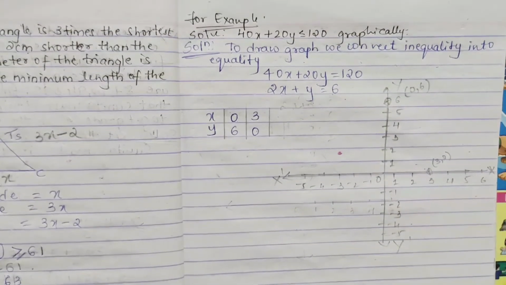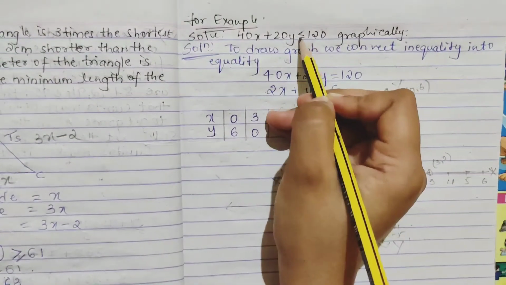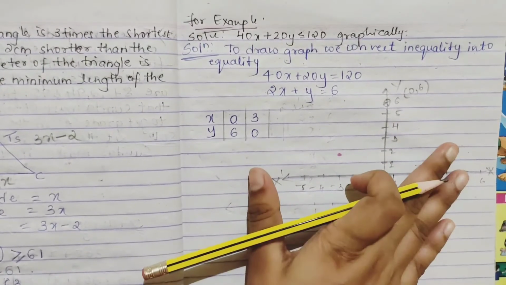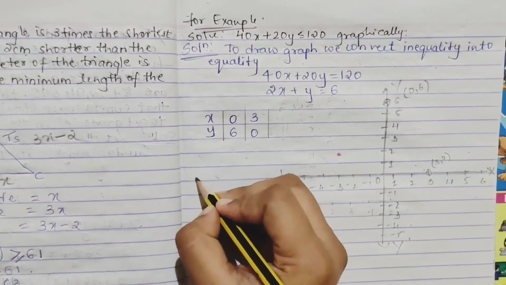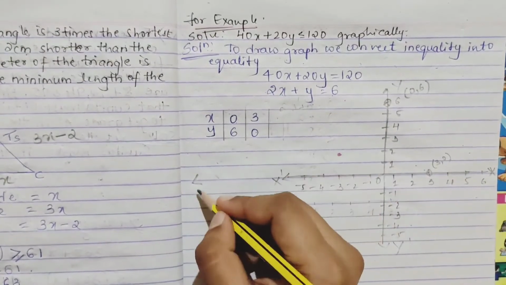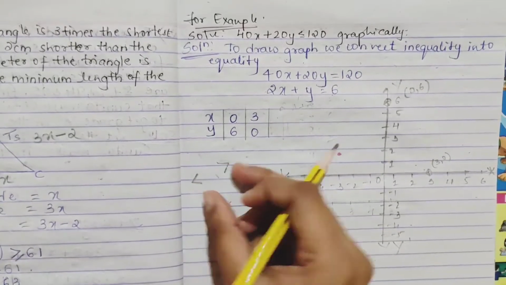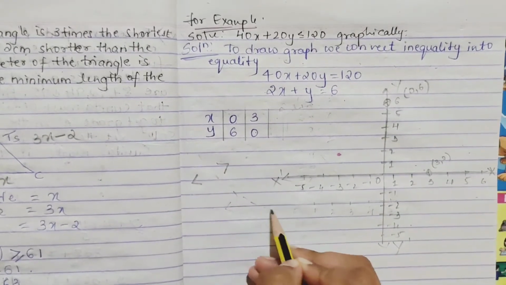Just draw it. See, when the sign is inequality, this point you remember, drawing the line in your graph: when you have less than or greater than, like this inequality, whatever line you get, you should draw dotted, okay.